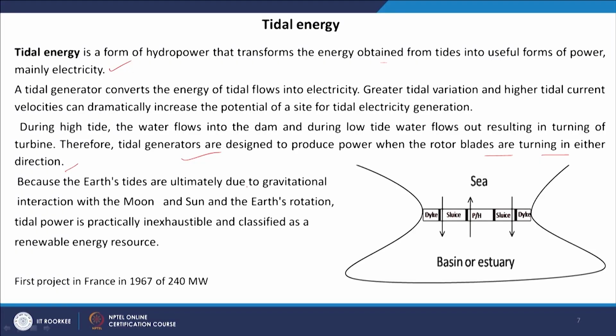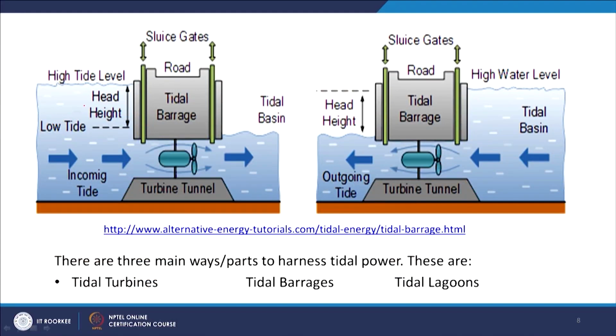Because the earth's tides are ultimately due to gravitational interactions with the moon and sun and the earth's rotation, tidal power is practically inexhaustible and classified as a renewable energy resource. Here we see, at high tide, the sea level is very high. So, water will go through this if we have a tidal basin.